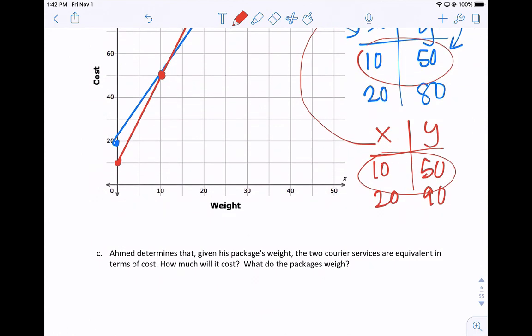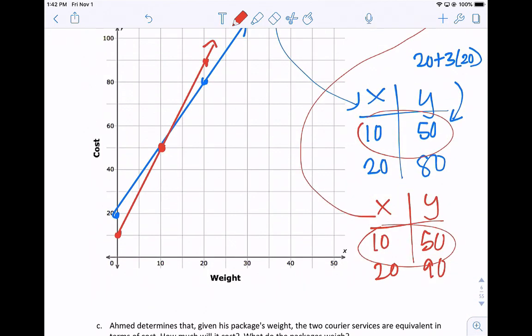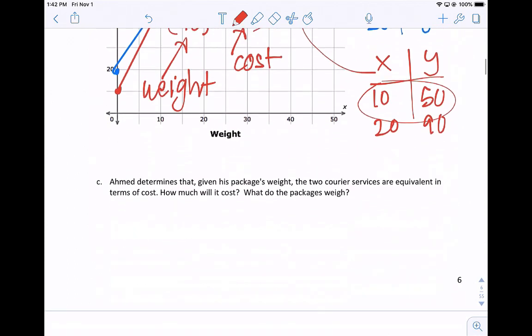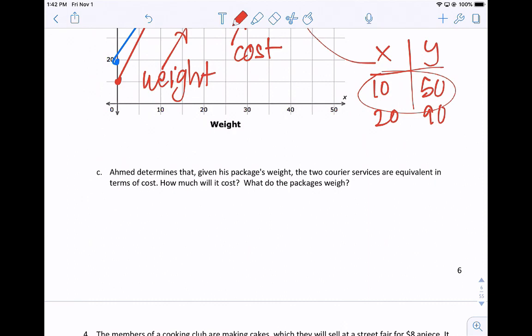So right here, we would say when the weight is 10 pounds, the cost is $50. So this is the weight, and this is the cost. Okay, so it says how much will it cost? We know it will cost $50, and the packages weigh 10 pounds.